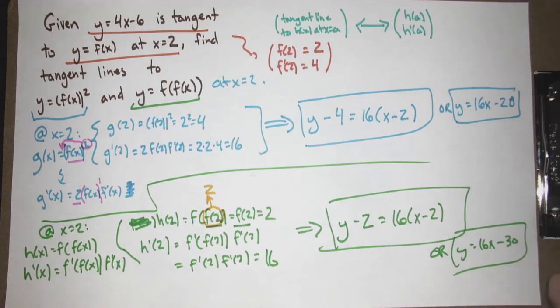If it became 3, for example, we'd just do the whole equation again. Well, if it was f of 3, we'd have to have more information. Because right now, the only information we have about f is at 2. I'm giving you very specific information, because the tangent line only gives you information about where you're tangent.